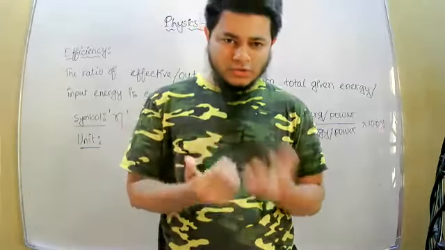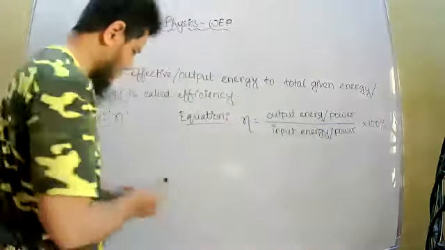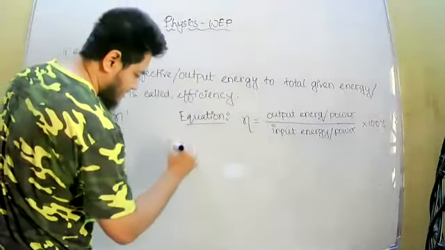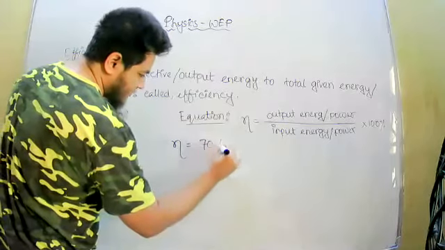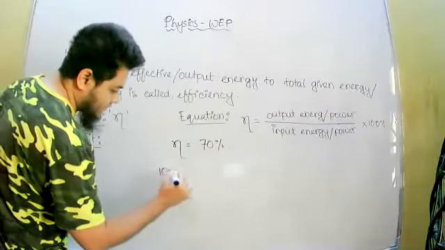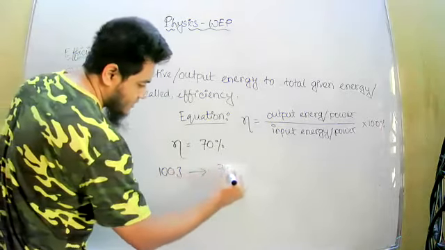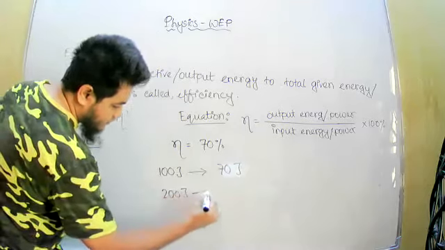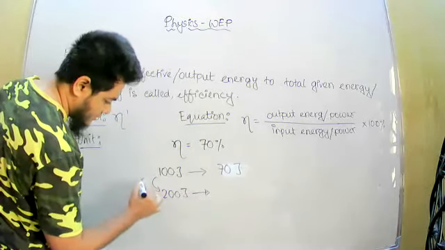output. Understood? Yes, sir. So if someone tells you that the efficiency of the machine is 70%, from this you can say, if I give 100 joule, I will get 70 joule back. If I give 200 joule, see, it has been doubled.